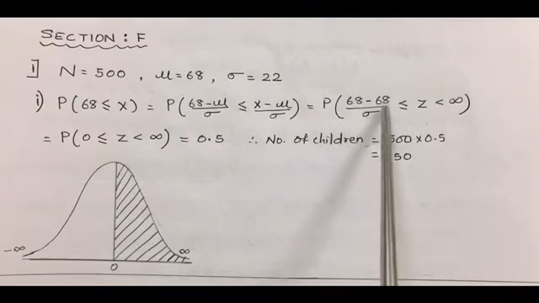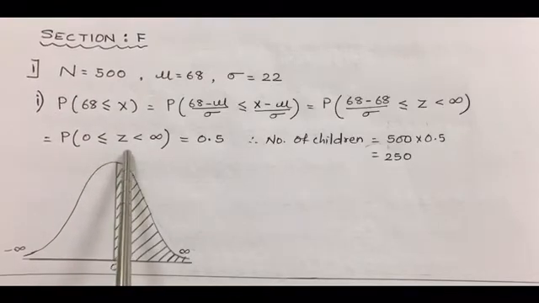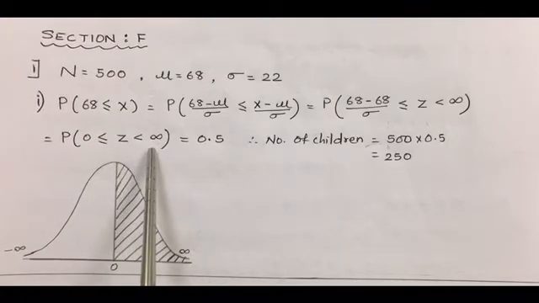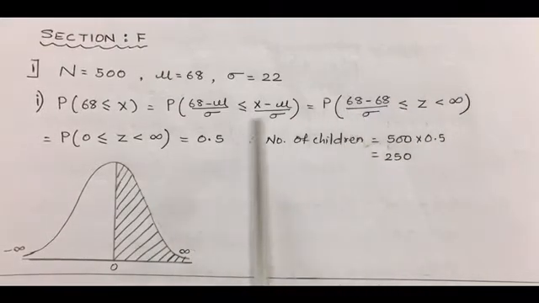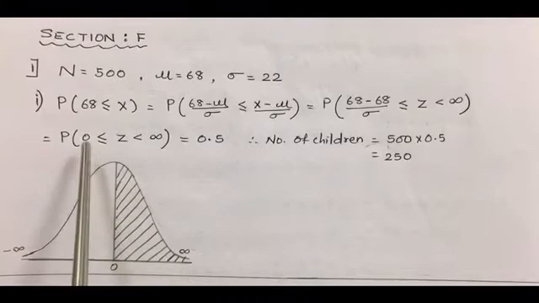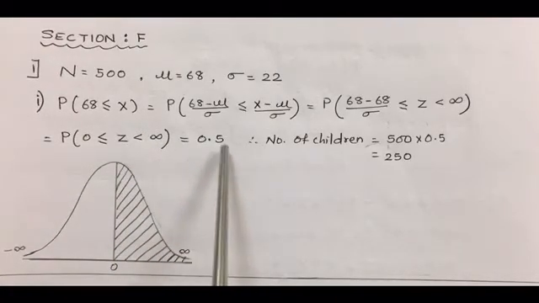Now 68 minus 68 makes it 0, less than or equal to Z, less than infinity, the whole of this calculation. Now 0 to infinity, the area covered is 0.5.